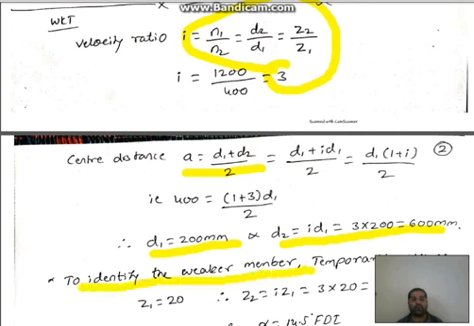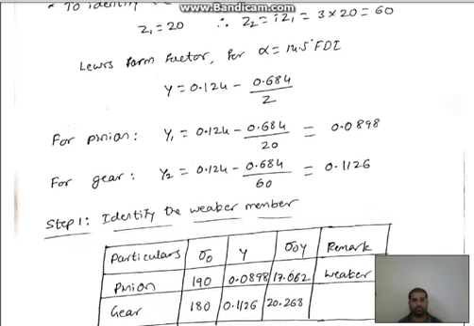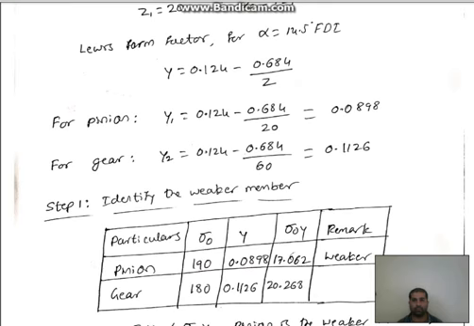To identify the weaker member, again temporarily assume Z1 equal to 20, then calculate Z2. The Lewis form factor for alpha equal to 14.5 FDI, the equation is given here. The Lewis form factor for pinion and gear is calculated.